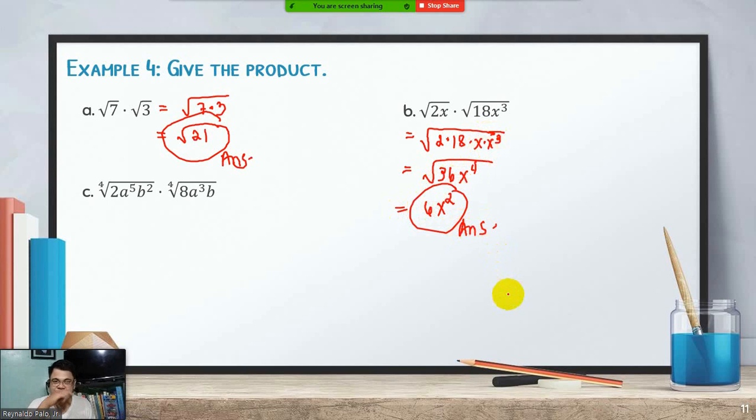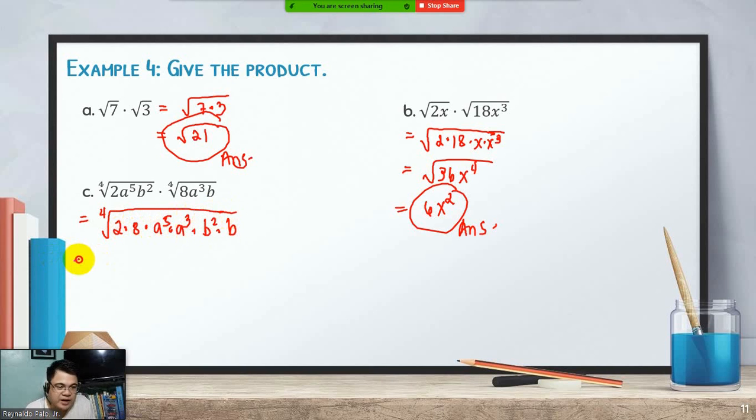Next, letter C. 4th root of 2a raised to the 5th power b squared times 4th root of 8a cubed b. Alright? So the first thing is, of course, we have to factor the radicals. No, I'm sorry, we don't need to factor. We can actually directly multiply them. So we have 4th root of 2 times 8, then a raised to the 5th power times a cubed, then b squared times b.